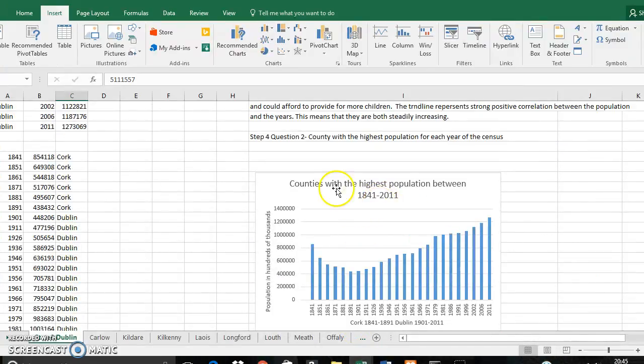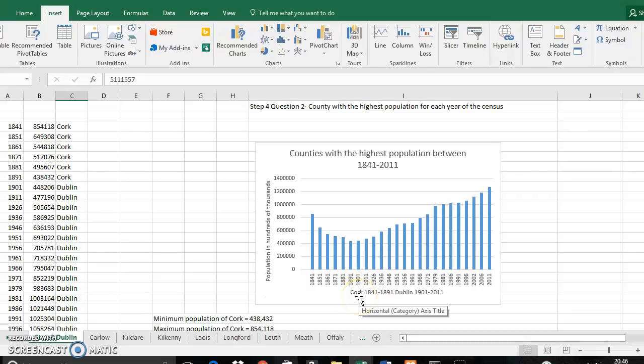That's question 2. Interestingly enough, Cork has the highest population in the first part of the graph between 1841 and 1891, and Dublin has the highest population between 1901 and 2011.